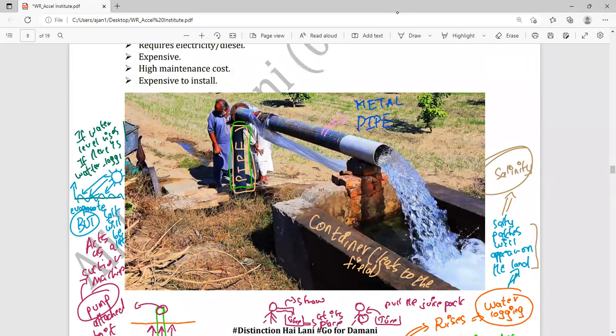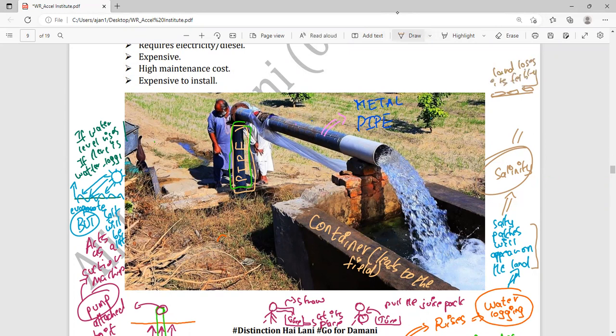And if salinity does not occur, your land will remain fertile. Otherwise, if salinity occurs, suppose this is your land, and salty patches will occur like this, and eventually the land will lose its fertility.